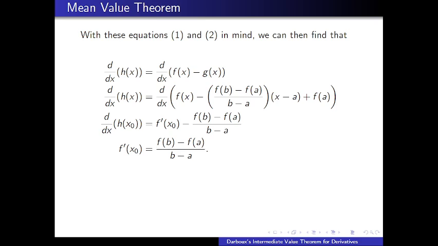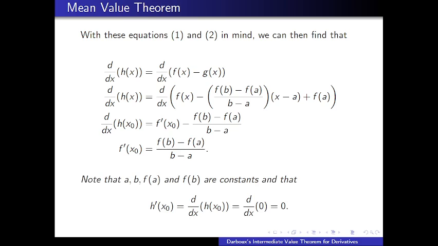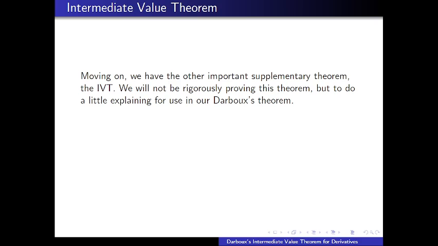We can obtain line 3 from line 2. And remember, as h(x0) is 0, its derivative is 0 as well. The other constants will also be 0 after the derivation at line 2. Therefore, we get line 4, which now concludes the not so rigorous proof of the mean value theorem.